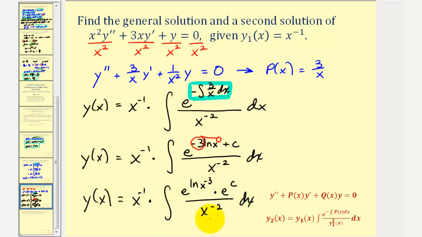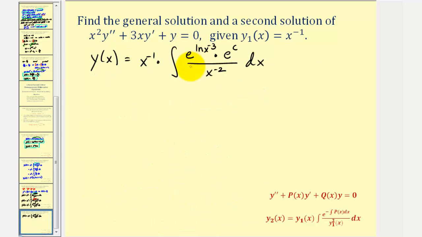Let's go ahead and take this on to the next slide. E raised to the power of natural log x to the negative 3 simplifies nicely to x to the power of negative 3, and then e to the c is just another constant, which we'll call c sub 2. So now we have x to the negative 1 times the integral of, again, c sub 2 x to the power of negative 3 divided by x to the power of negative 2 dx. Now we'll simplify this, subtracting the exponents.